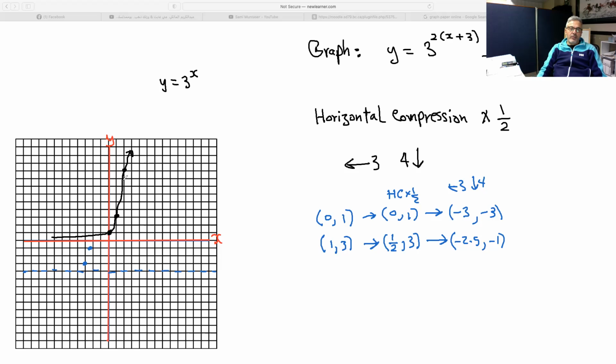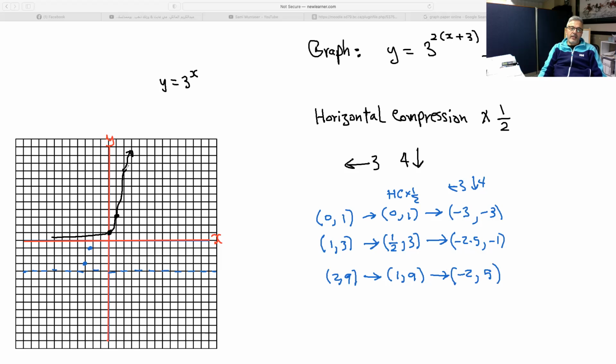Let's take this point here, which is 2 and 9. So horizontal compression by 1/2, just multiply the 2 by 1/2, it becomes 1 and 9. Now you're moving 3 to the left. So 1 minus 3 is -2. And 4 down, so 9 minus 4 is 5.